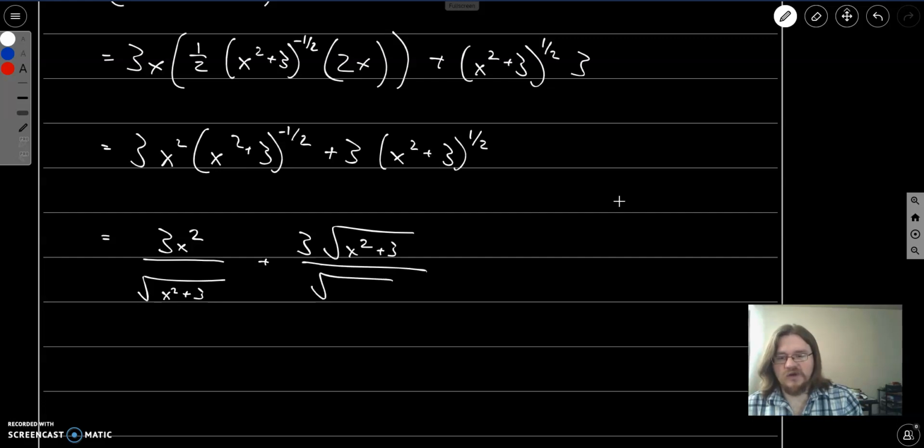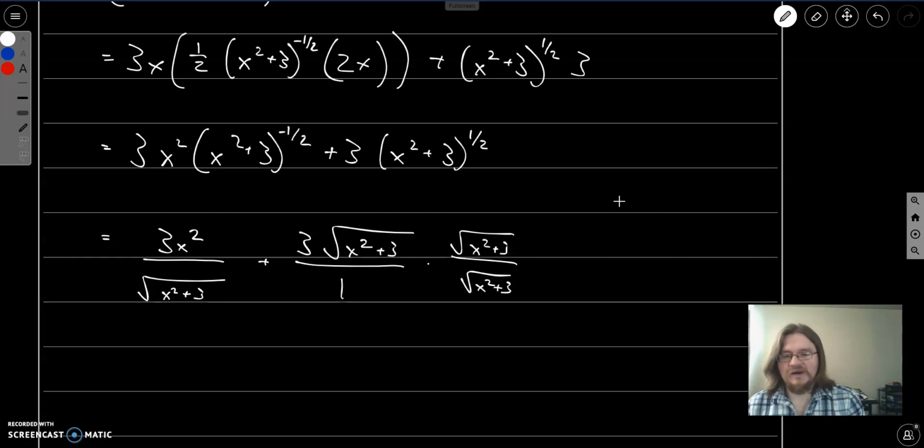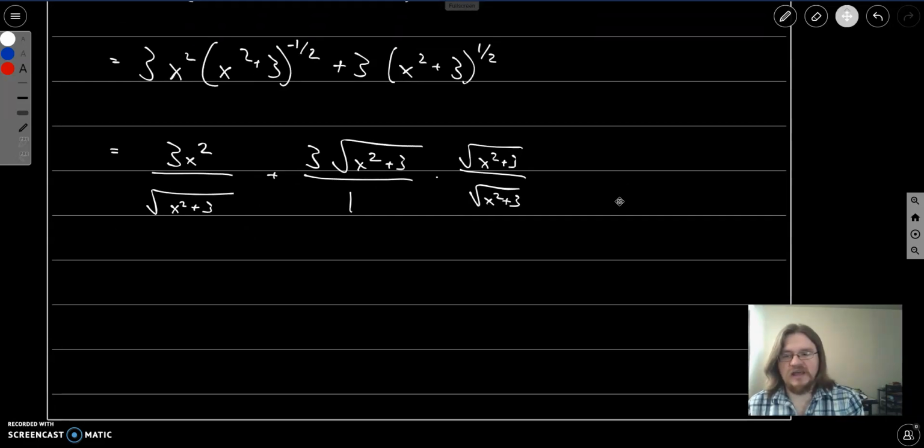So I can write this as a fraction with a 1 on the bottom. So I'll multiply the top and bottom by the square root of x squared plus 3. And now these have the same common denominator. They're both over the square root of x squared plus 3.